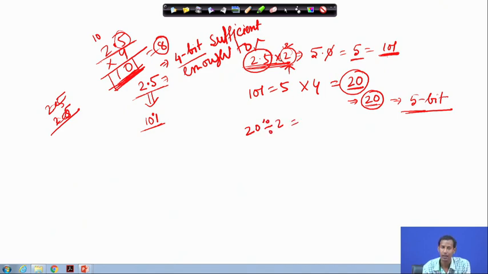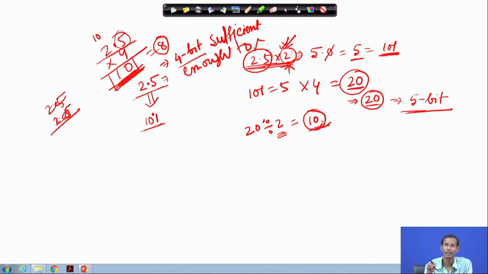Initially I multiplied the value by 2, so here I have to divide by the same factor, and I get the result as 10. The scaling factor was 2 and I divided by the same factor to get the proper result. The original result is 10, and here also I am getting the proper result, which is 10.